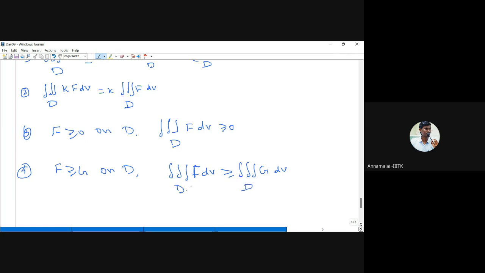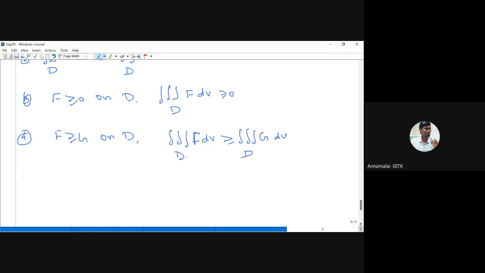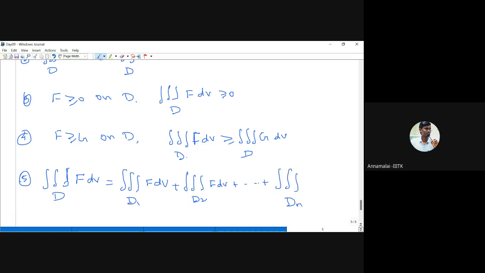So all the properties we discussed carry over. Similarly, suppose this D can be written as a union of two pieces, D1 and D2, then we can split it. The triple integral over D of f dV is the triple integral over D1 of f dV plus the triple integral over D2 of f dV and so on, up to the triple integral over Dn of f dV, where D is the union of D1 union D2 union and so on up to Dn.